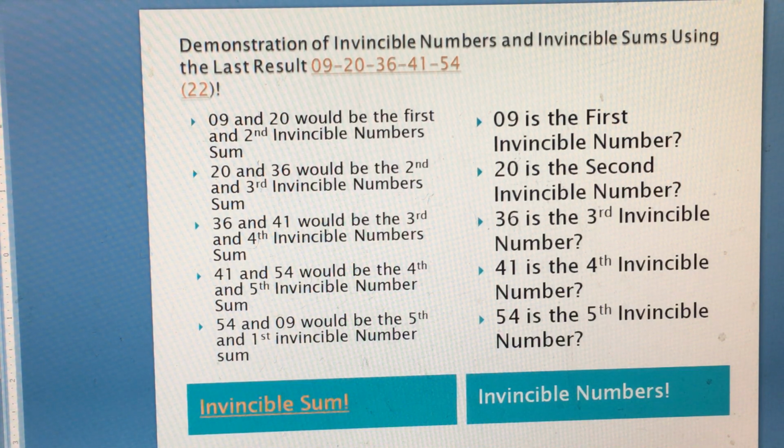Second invisible number is 20 with a question mark. 36, third invisible number with a question mark. 41, fourth invisible number with a question mark. And 54, fifth invisible number with a question mark. So are these invisible numbers or are they not? That's what the question mark stands for. You have to look at the breakdown, the invisible number chart, to see which are invisible numbers and which are not.